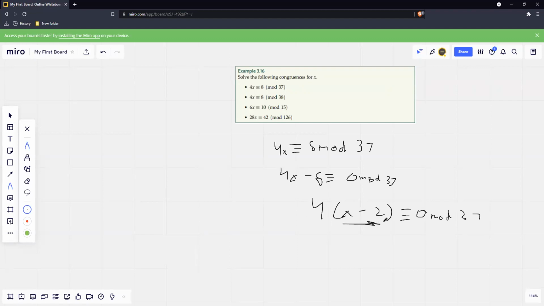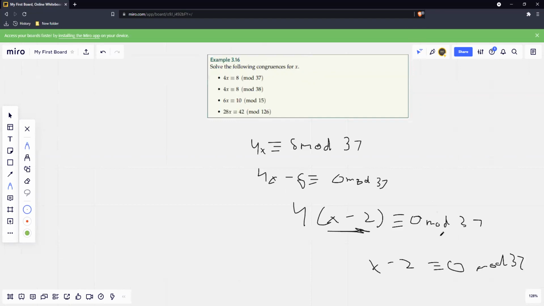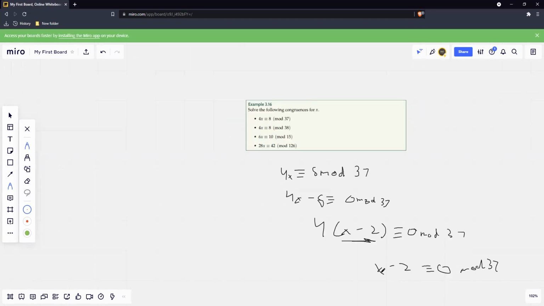And then the only way for this to be 0 modulo 37 is for x minus 2 to be congruent to 0 mod 37, because 4 can't do anything about it, 37 is prime. 4 is not close to being a factor of 37. So basically all we have to make sure is x minus 2 is congruent to 0 modulo 37. So if you add 2, x is congruent to 2 modulo 37, and that's the first answer. Okay.